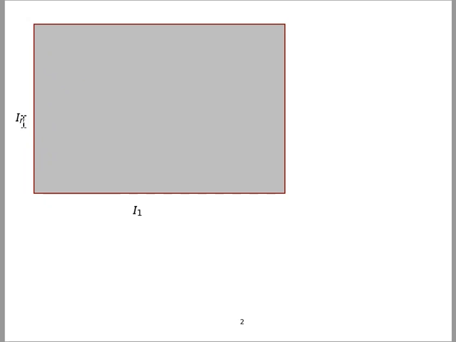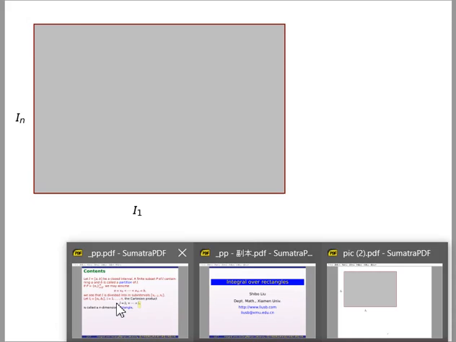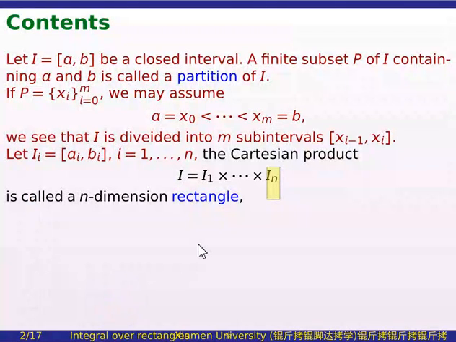Actually this is a two-dimensional picture, but we can imagine this as an n-dimensional rectangle. So that is the concept of a rectangle. Now the intervals I1, I2, up to In are called the edges of this rectangle.